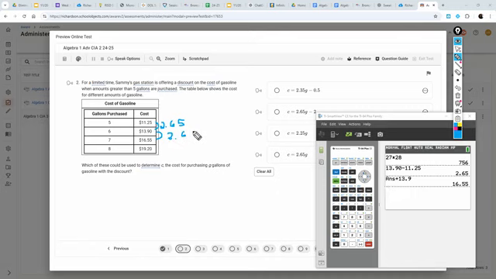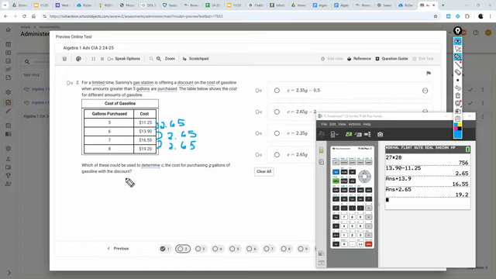And I bet if I add 2.65 to 16.55, I get 19.2. Okay, so I know every time I'm adding 2.65. So my change in y is going to be 2.65.